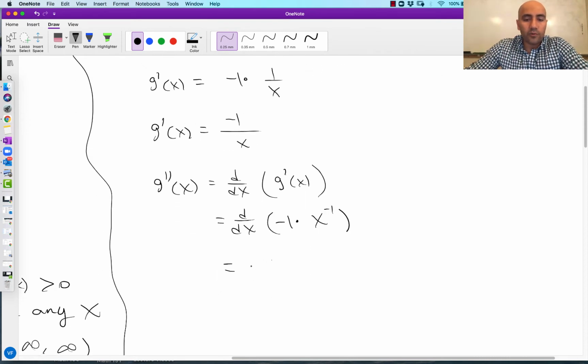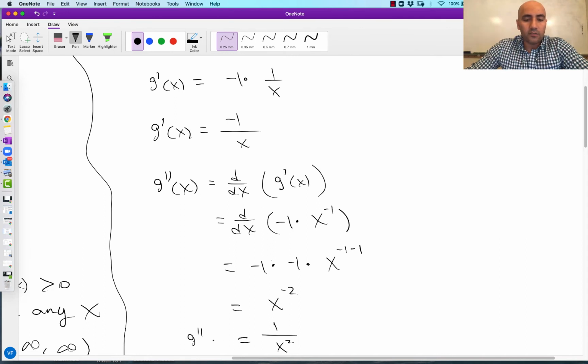We can bring the negative out in front and bring down a negative 1 from the exponent times x to the negative 1 minus 1. And so we end up with positive 1 times x to the negative 2, or just 1 over x squared.